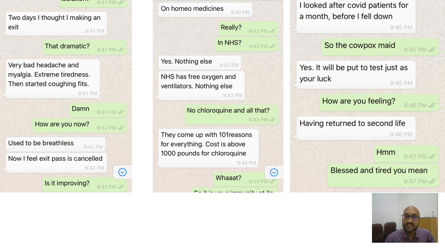The NHS is in such a bad shape that they do not have any medication, and what they're doing is just giving some homeopathic medicines and supportive care. If you can see over there, the cost of one dose of chloroquine is more than £1,000. And therefore, please understand that the situation is actually serious.